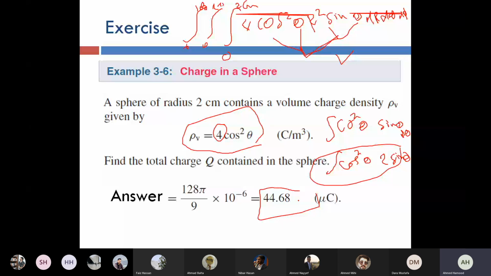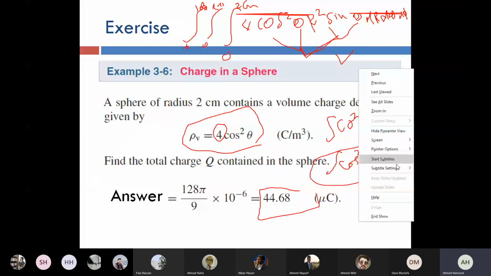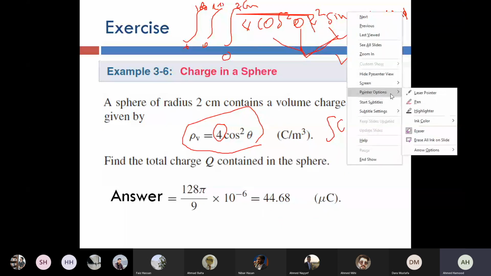Okay, you can do it at home. Can you do it now? Let me. But this is quite a long equation. Not very long, but it is tough for me to write it. If I had a tablet, that would make it much easier for me to write it for you guys.